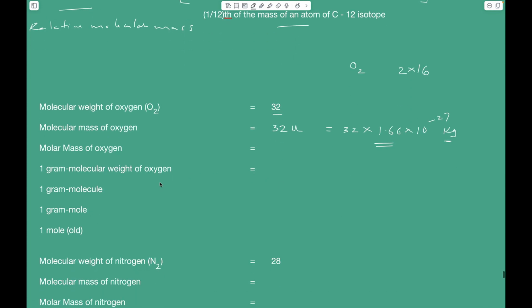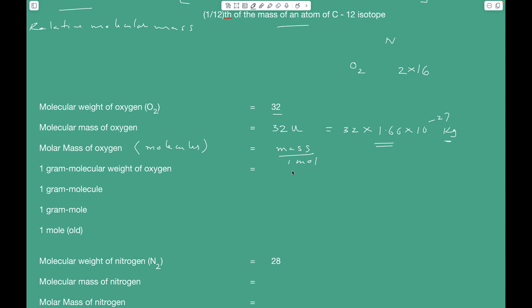Now the next question is, what is the molar mass of oxygen? See, molar mass is mass per 1 mole of the substance. Now 1 mole of any substance contains an Avogadro's number of particles, but in case of oxygen, what do we mean by particles? Here I am referring to oxygen molecules. So here I am looking for the molar mass of oxygen that is composed of oxygen molecules.